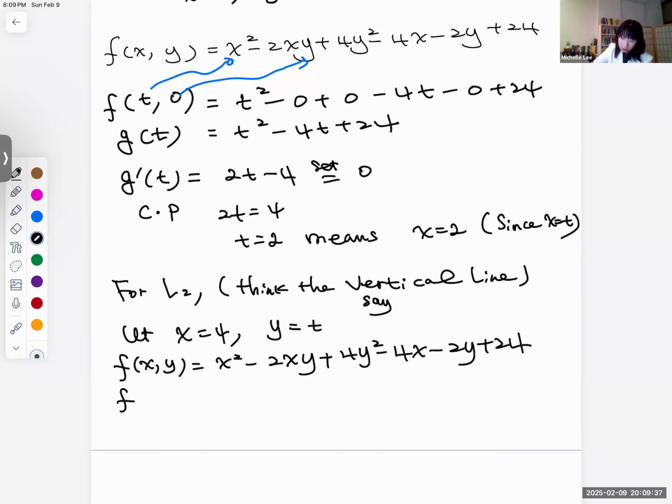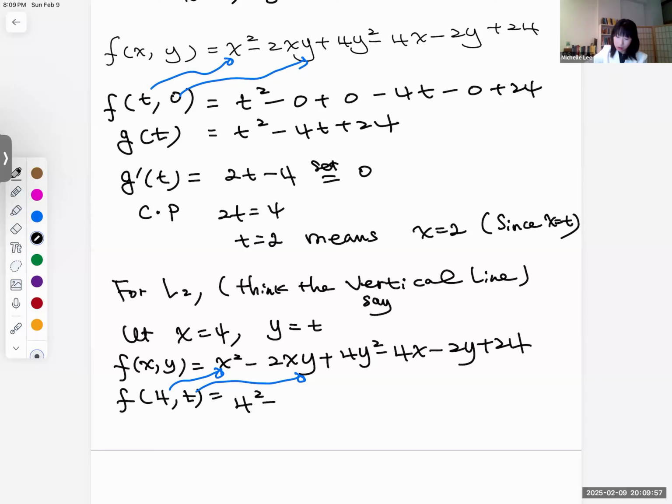Then f of 4 and t. So substitute 4 into x and t into y, right?